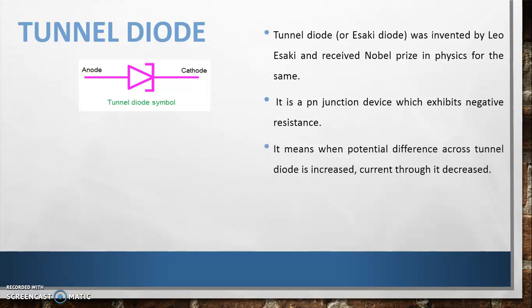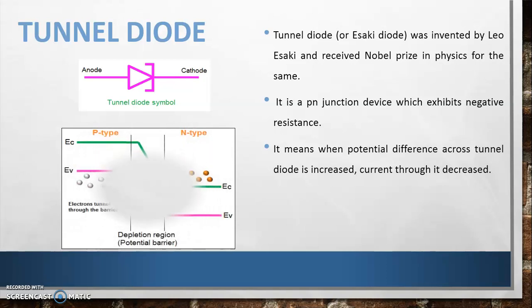It means when the potential difference across the tunnel diode is increased, the current through it will decrease. Clear? See the p-type semiconductor and the n-type semiconductor, and the combination of that we are taking as the tunnel diode.